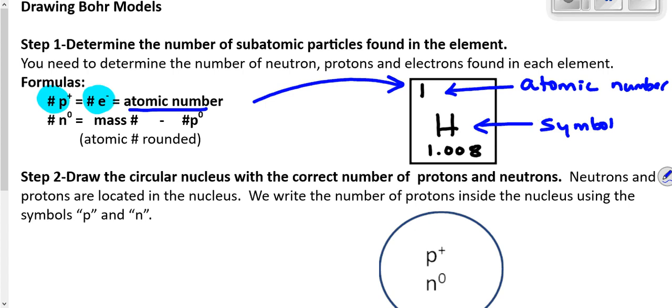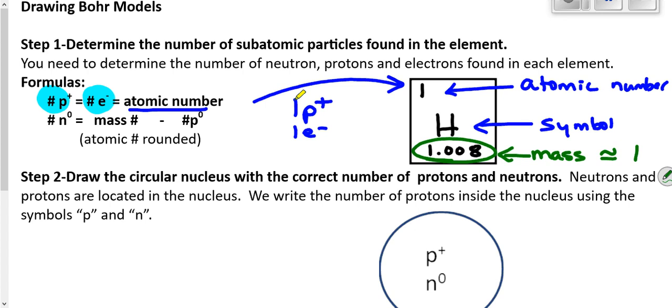So for example, in the case of hydrogen, because the atomic number is 1, we will have 1 proton when we draw this, and we will have 1 electron. How do I figure out how many neutrons there's going to be? Well, here you're going to have to do a little bit of math. Take a look at the next number that you have down at the bottom. This number here is the mass of one atom. Now what I want you to do is round it off to the nearest whole number. So 1.008 is going to be equal to about 1. That's how heavy hydrogen atoms are.